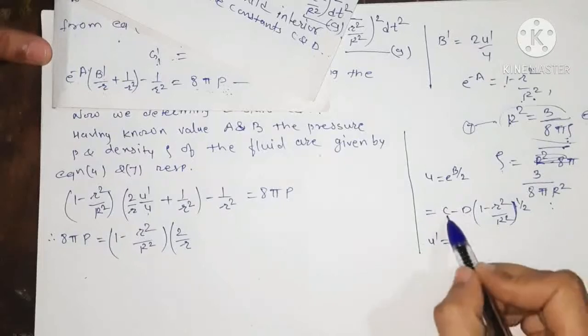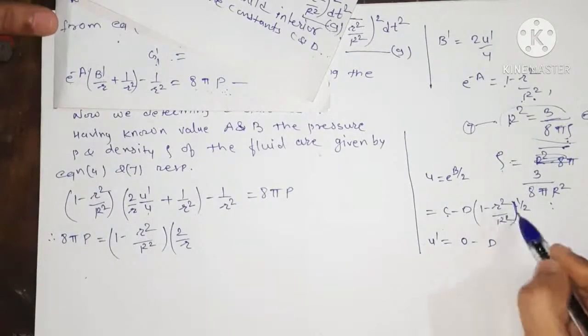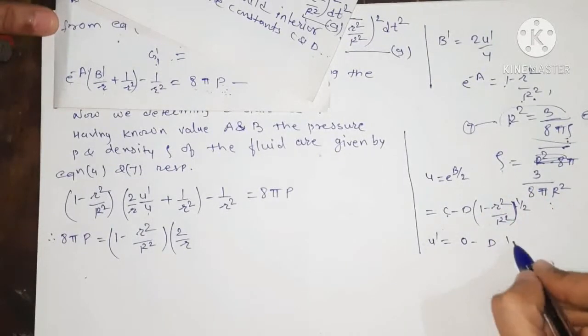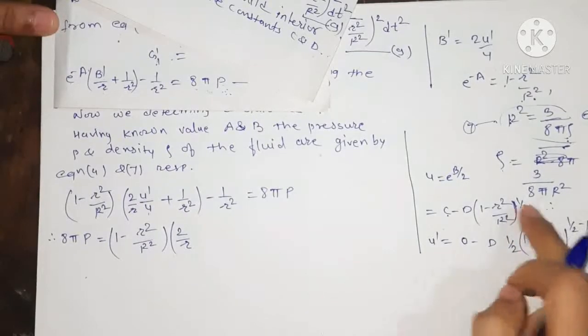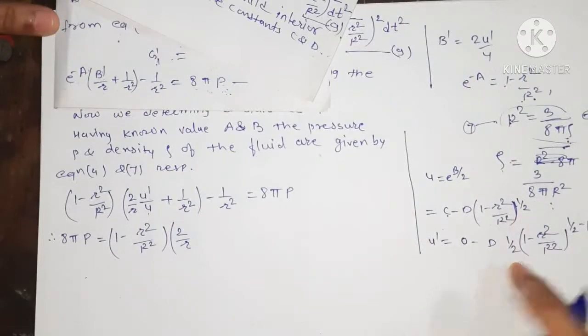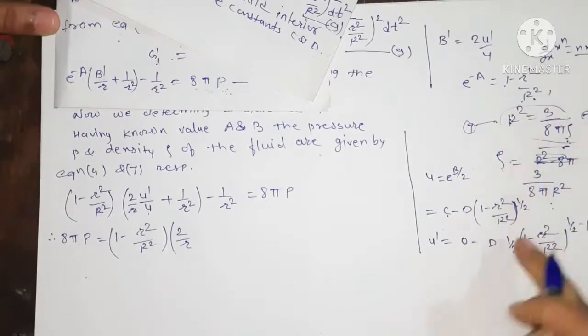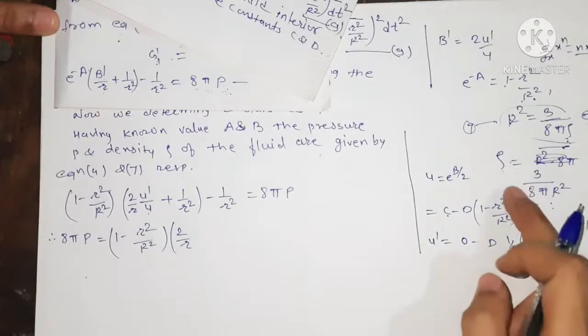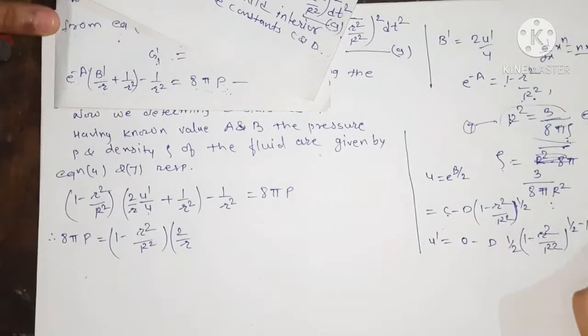Differentiating this, C is a constant, therefore 0, minus D into the differentiation of this bracket, so it is 1 upon 2, 1 minus r square upon capital R square to the power 1 upon 2 minus 1, because we differentiate d by dx of x to the power n as n x to the power n minus 1. Again inside the bracket we have to differentiate, so the differentiation of this with respect to r is minus twice r upon capital R square. And half minus 1 is equal to minus half.